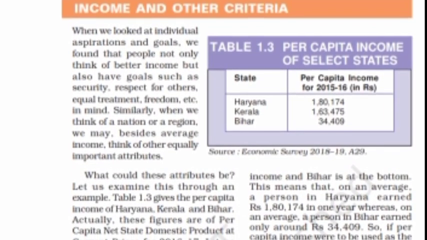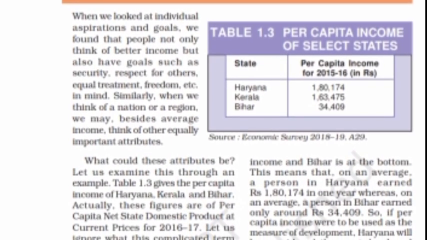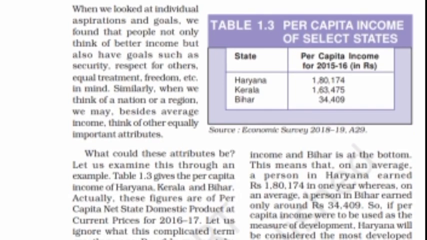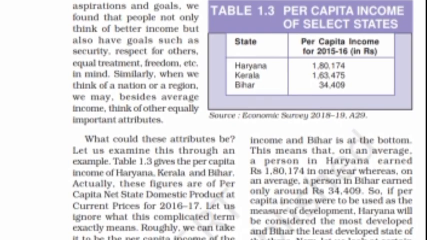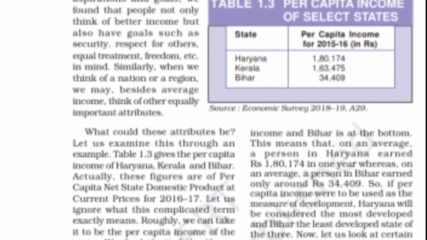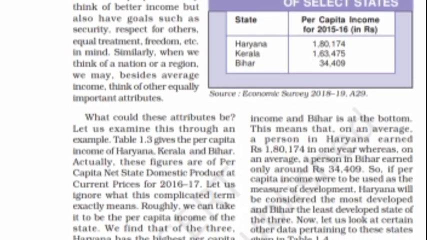For achieving development goals, people not only want better income, they also want non-material things like freedom, security and respect of others. For the development of a nation, average income or per capita income is needed.